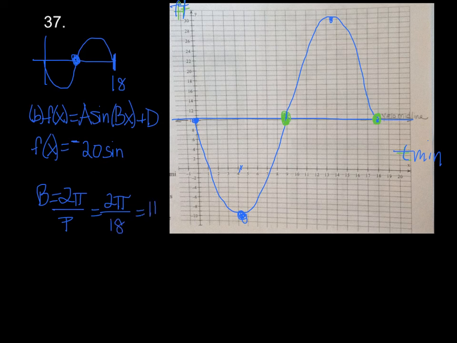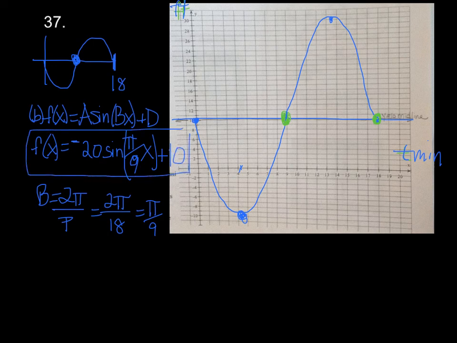And if I reduce that, that's going to be pi over 9. So that's my b. So I have pi over 9 x. Okay, let me throw that in parentheses. And then my vertical shift, which would be plus 10. So plus 10. So there is the equation, and let's make that look like a 1 so you can really see that.